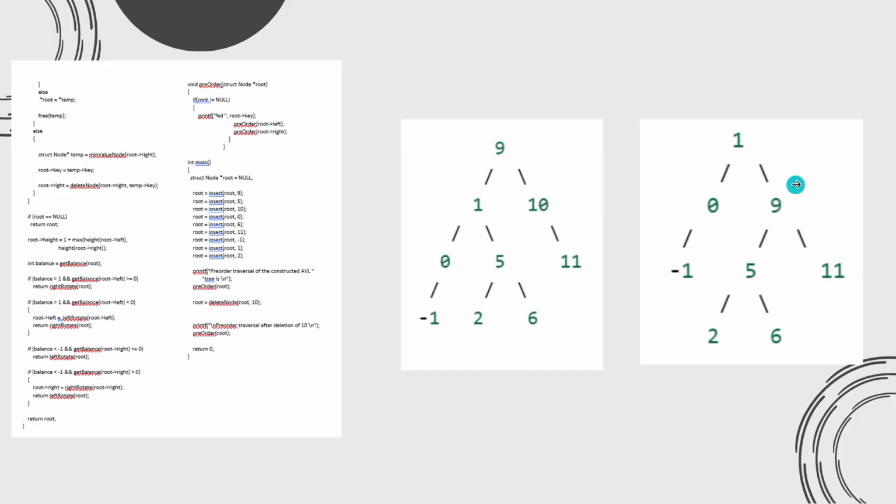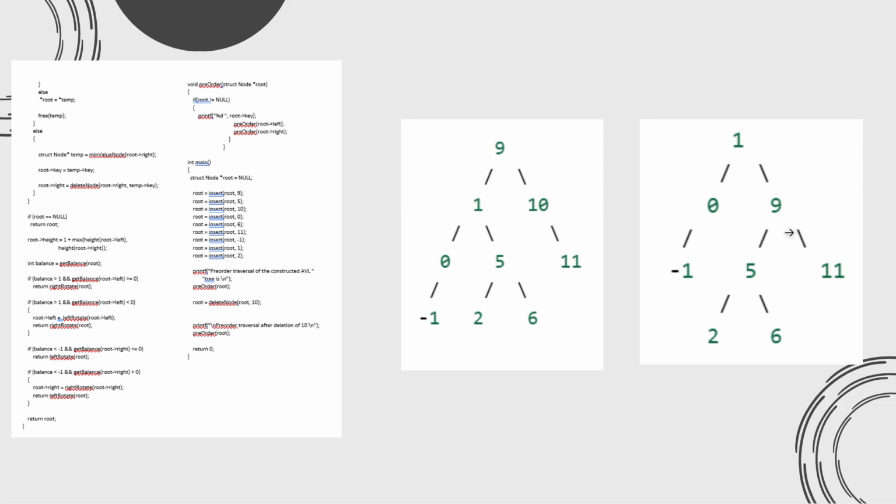So, after rebalancing, the new root of the AVL tree becomes 1. Its left child is 0 and still has -1 as its left child. On the right side, ang node 9 has become the right child of our new root 1, and 5 as its left child, and 11 as its right child.